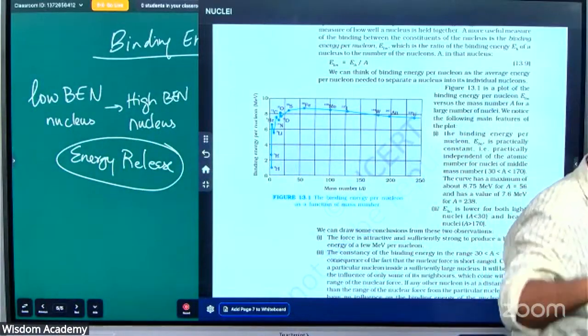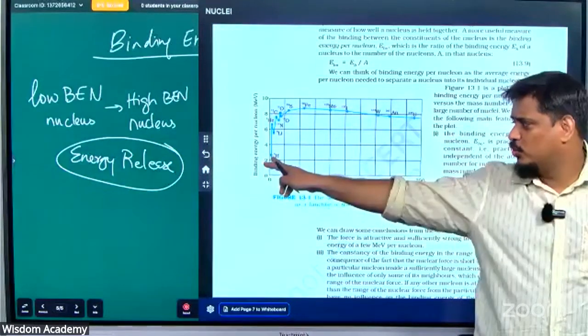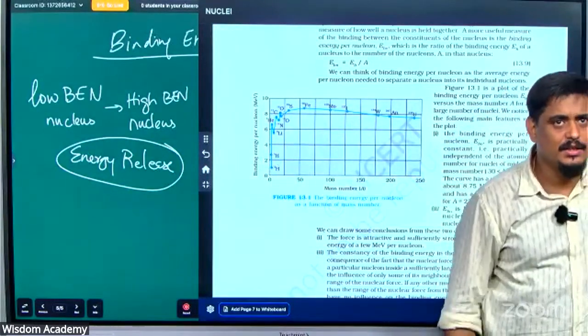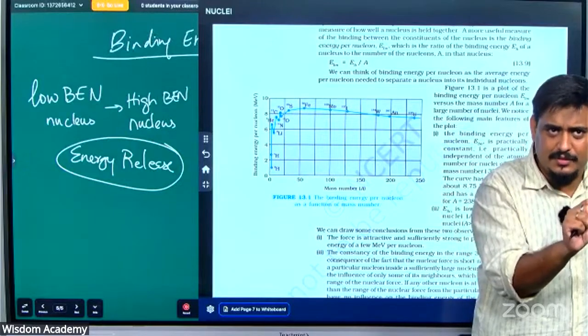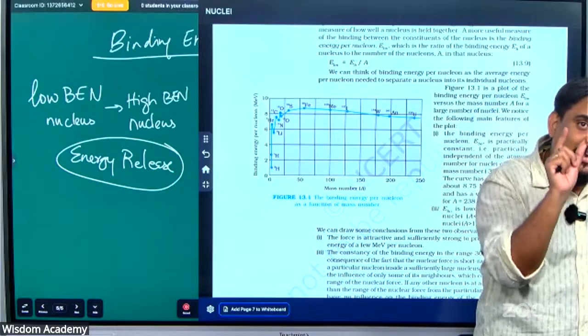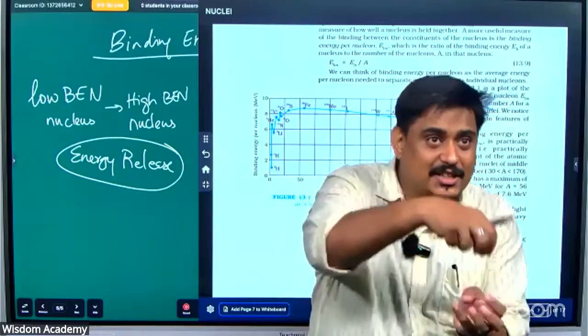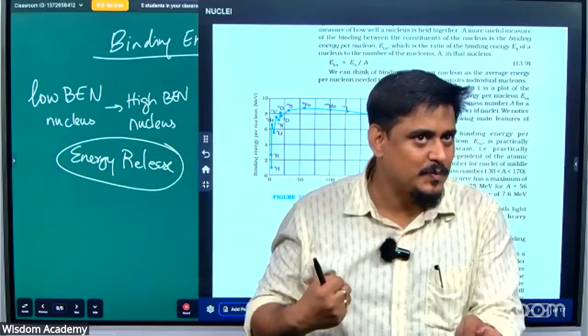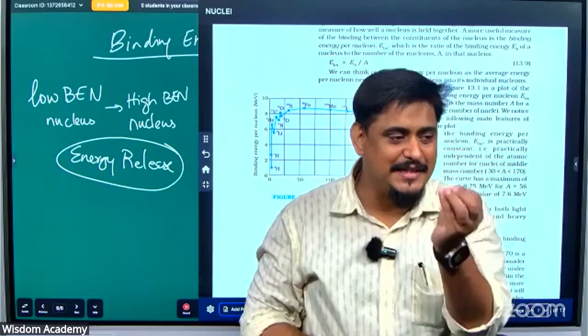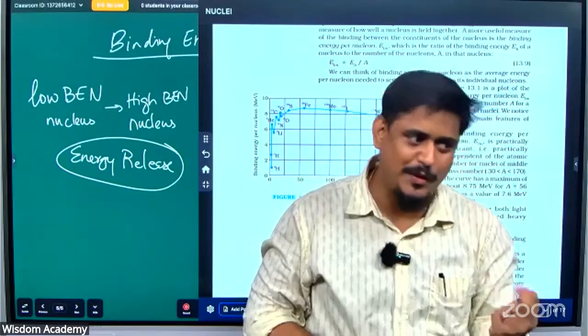Because one element is having low BEN, suppose it is having here 2.5, tritium. Suppose it is 2.5. I want to make the binding energy 6. How can I make its binding energy per nucleon 6? If I remove additional 3.5, isn't it? Its BEN is 2.5, means it is 2.5 MeV short of becoming independent.